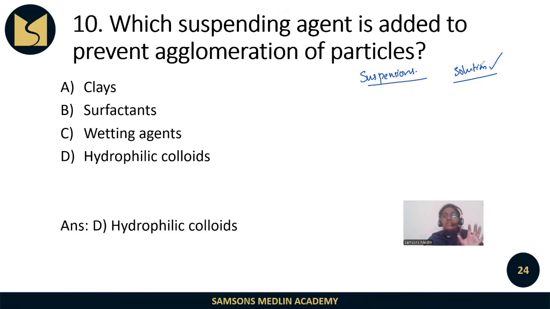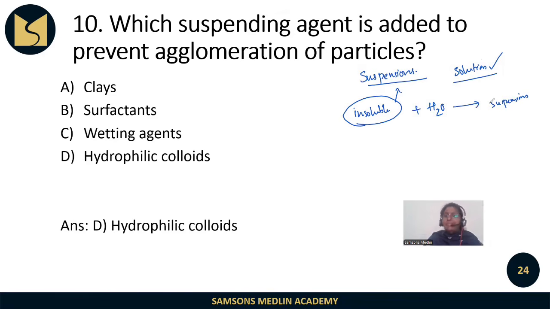But all drugs cannot be solubilized in an aqueous medium. There will be insoluble solid particles. In the case of such drugs which are insoluble in nature, we prepare them by formulating them as suspensions. So insoluble solid particles, we usually combine with an aqueous medium and formulate into suspensions.